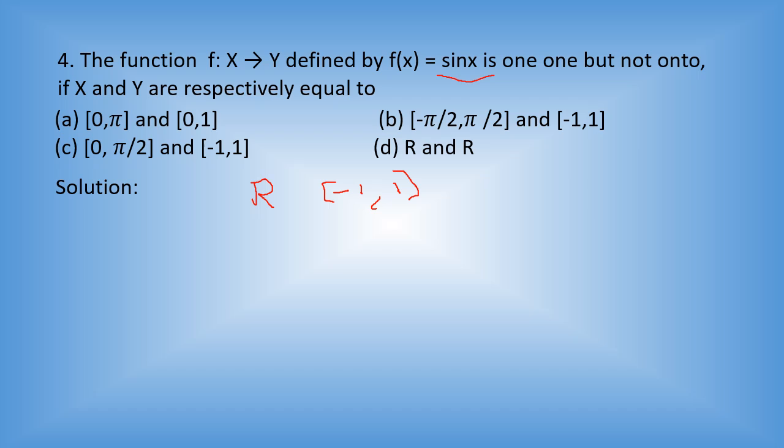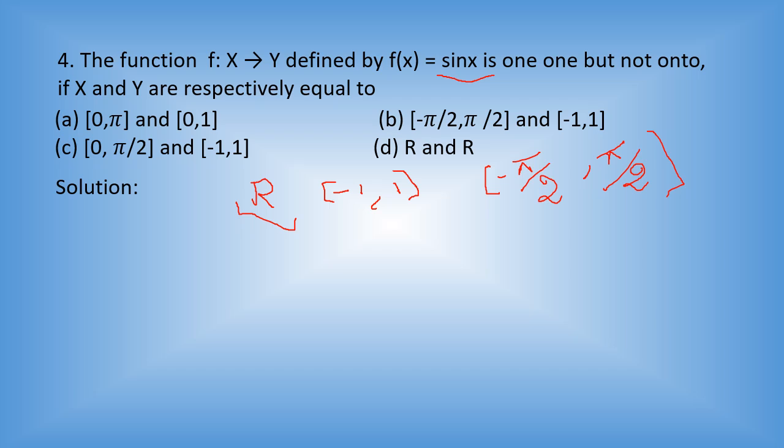So for that we have to restrict the domain of this sine function to the closed interval minus pi by 2 to plus pi by 2, or plus pi by 2 to 3 pi by 2, like that. We have to divide the entire real number system into these intervals here.